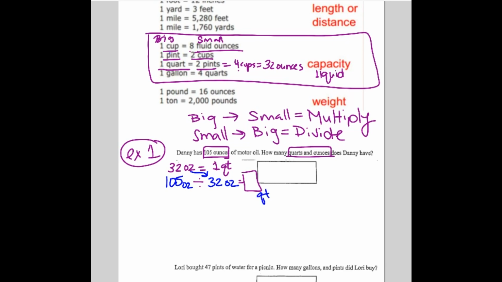And then whatever is left over gives us our ounces. So let's go ahead and get our house going. 105 divided by 32. And just so that we're aware, our answer is going to look like this: blank quarts and blank ounces.